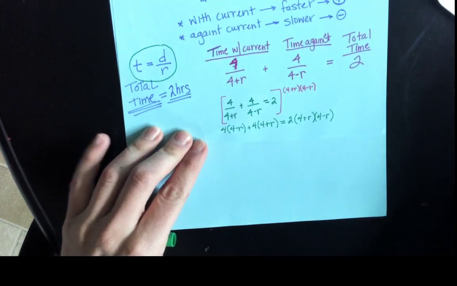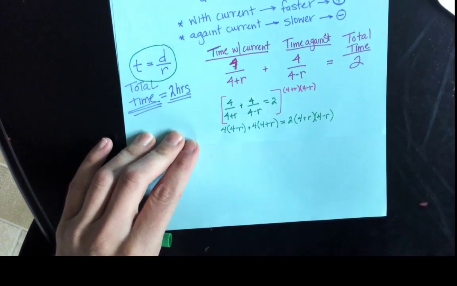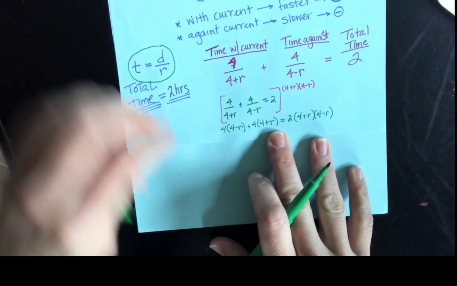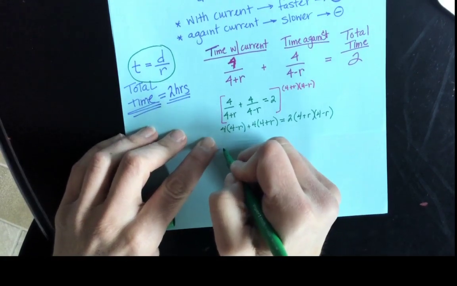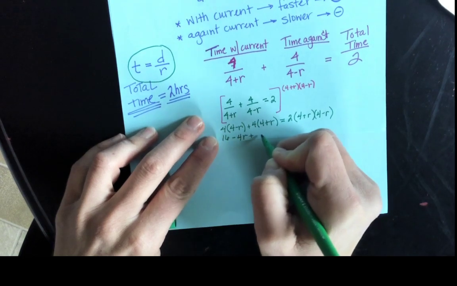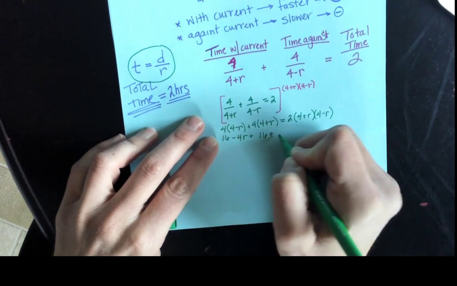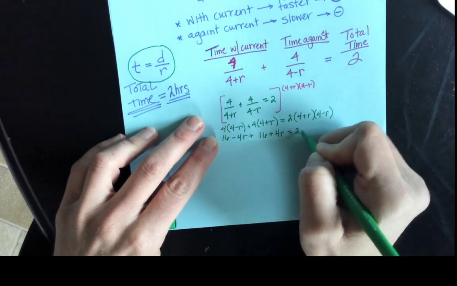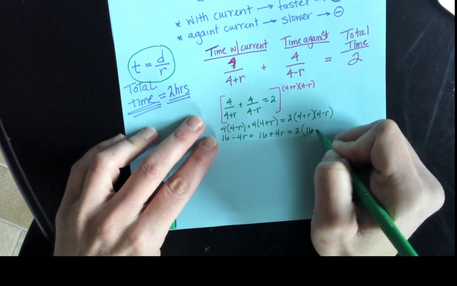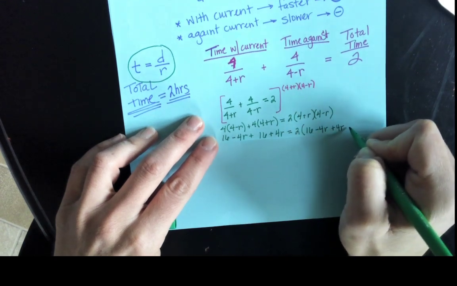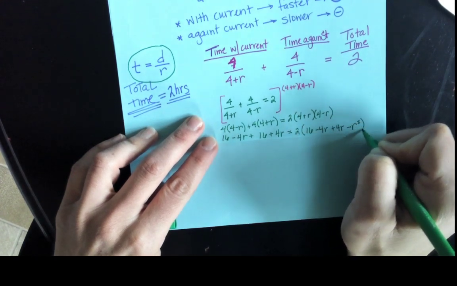So we now have our quadratic. I apparently am writing uphill. And we end up with 16 minus 4r plus 16 plus 4r equals 2 times 16 minus 4r plus 4r minus r squared.